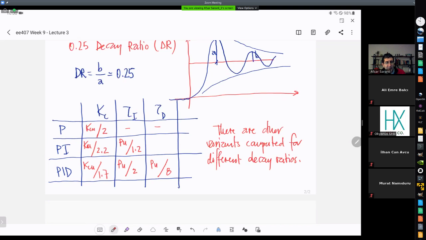Okay, now what is good about this method is that it doesn't need any model of the plant. It just needs to have kind of dominant second order behavior, and it needs to be going towards the unstable side as you increase the gain.